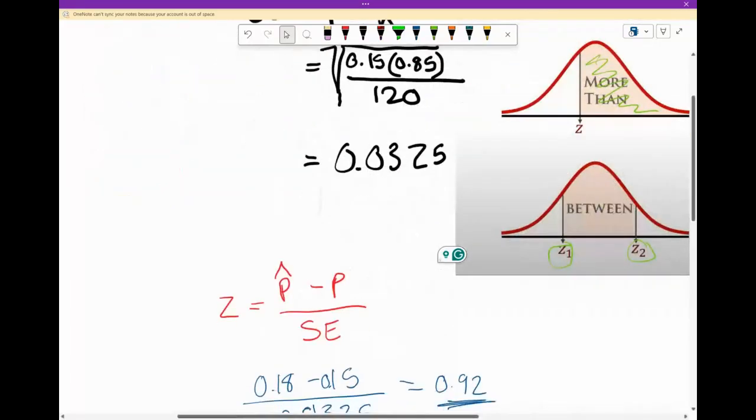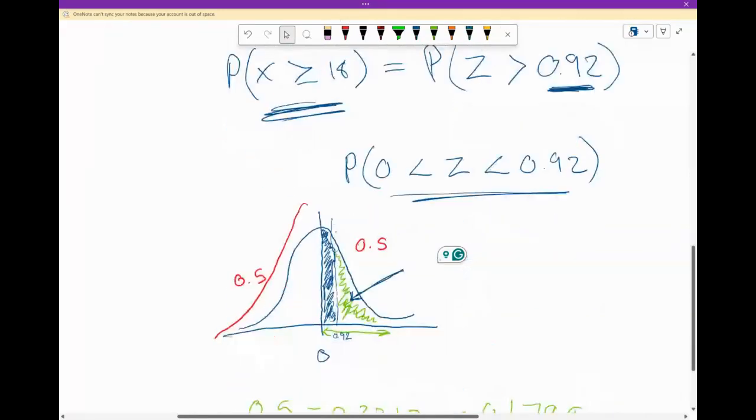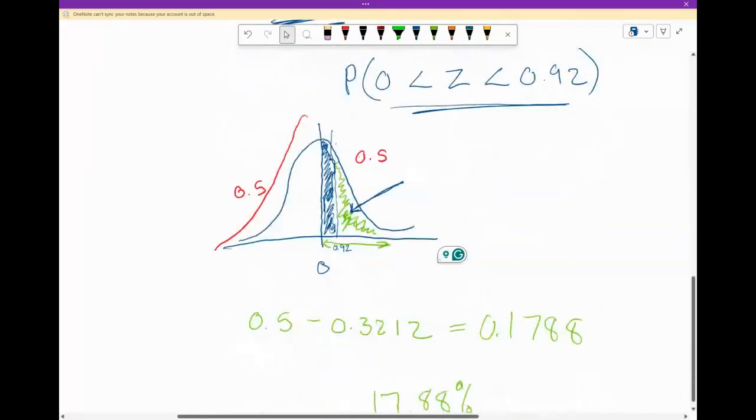If it's the halfway point, and the whole curve is equal to 1, that means to the left of 0 is 0.5 and to the right of 0 is 0.5. So if all we want is this green section, we need to say whatever this probability is in blue minus 0.5 will give us the probability of the green section. Is it making sense now? Okay.